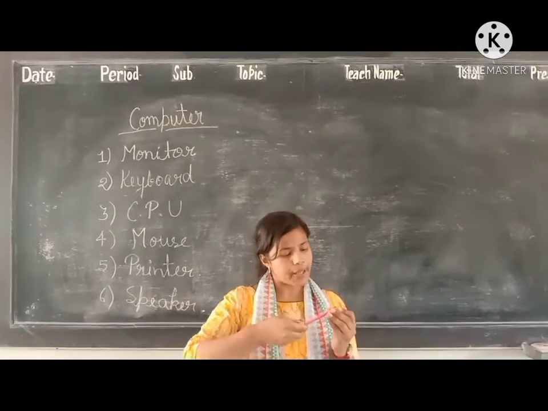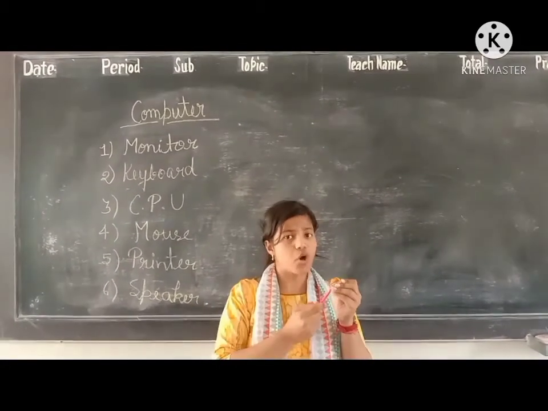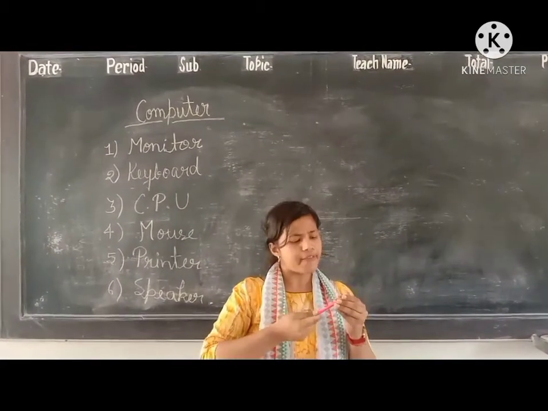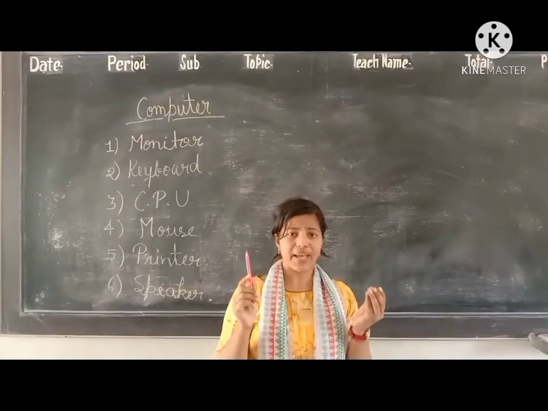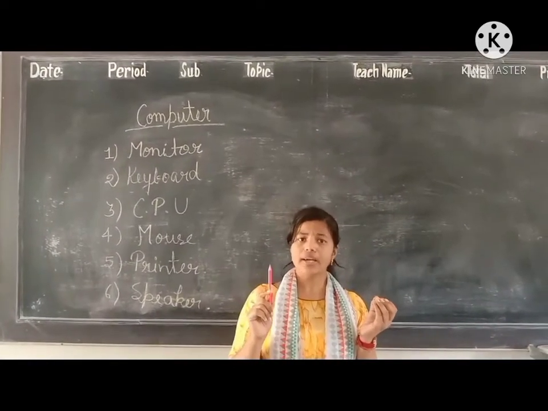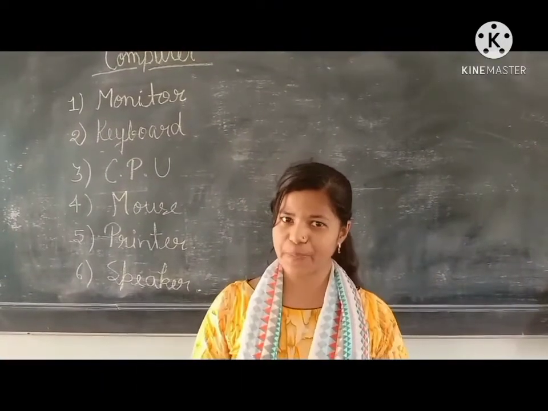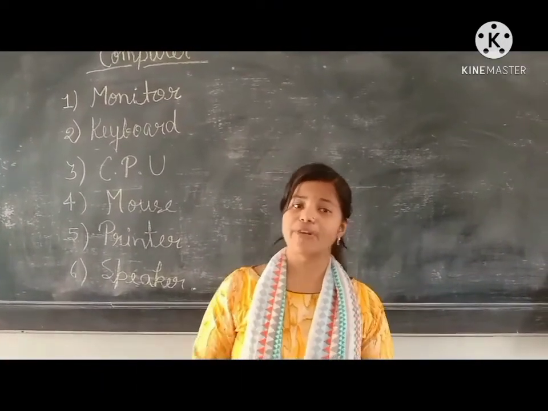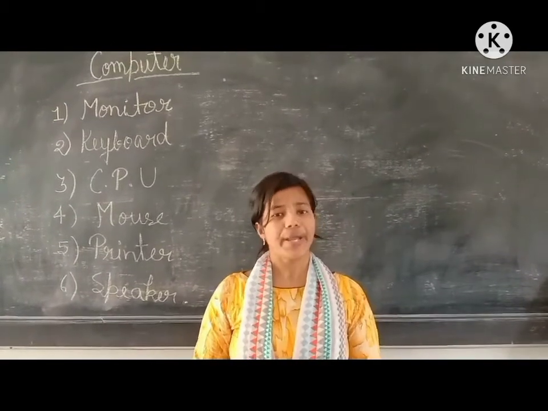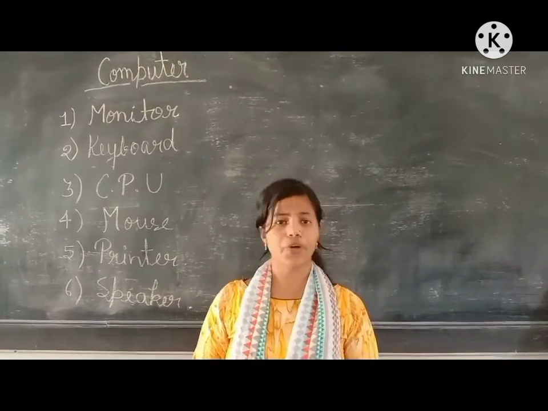When we sharpen the pencil, this process is called processing. And when we get a sharp pencil, this is called output. Okay? Have you learned what is input, processing and output? So our today's topic is related to input, processing and output.